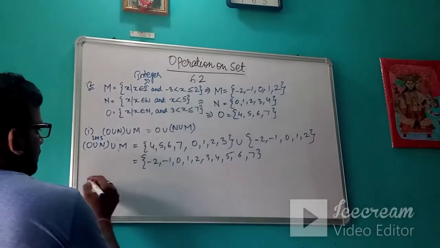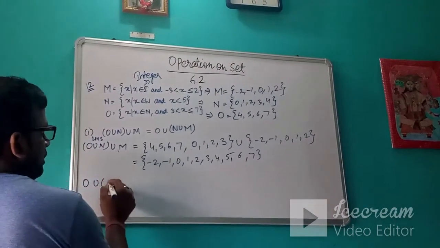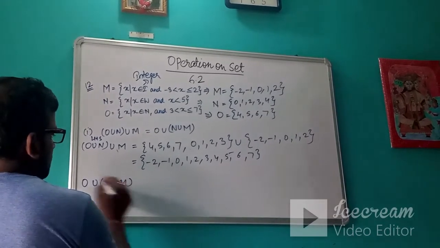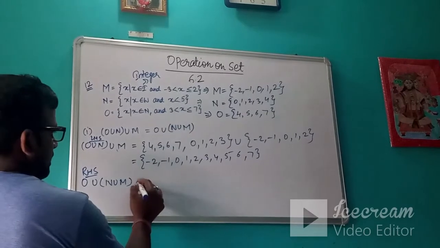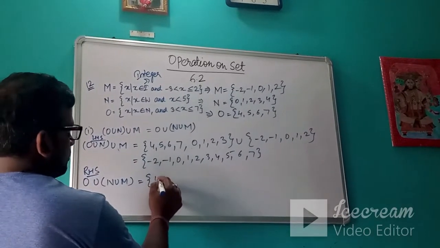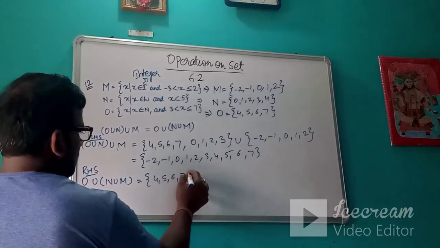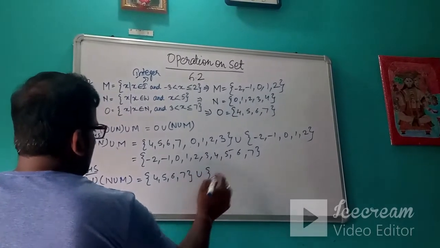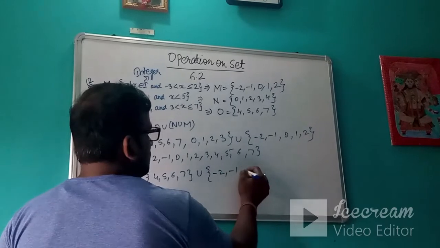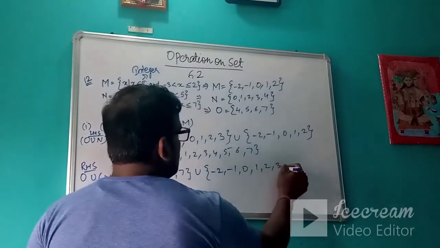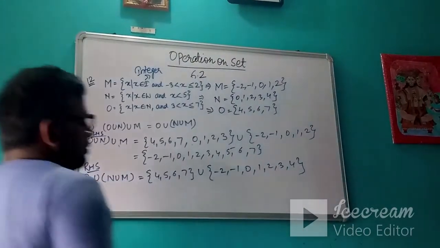Now we have to calculate this one, O union N union M. This is our right hand side, that is RHS. So what was O? 4, 5, 6, 7. Then we will write N union M, that is -2, -1, 0, 1, 2, 3 and 4.